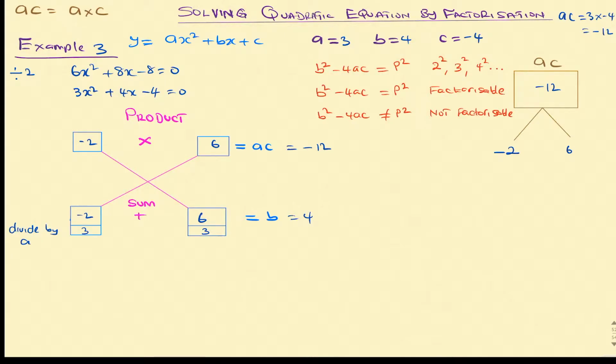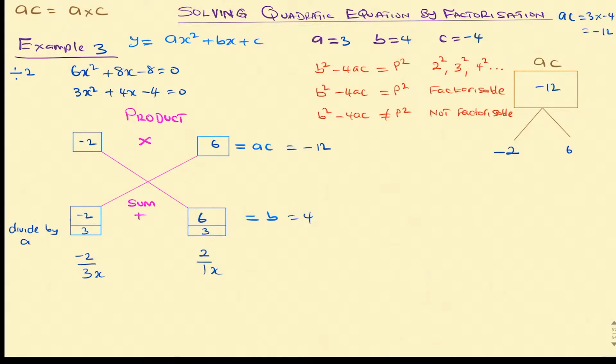So 2 and 1. 3 and 3, 1. 3 and 2, and 6, 2. And then we keep the other one, which is minus 2 and 3. The denominator of the bottom in the sum side is x.